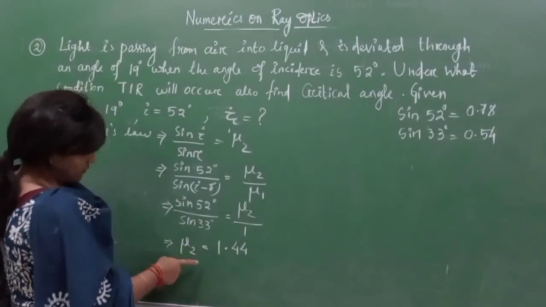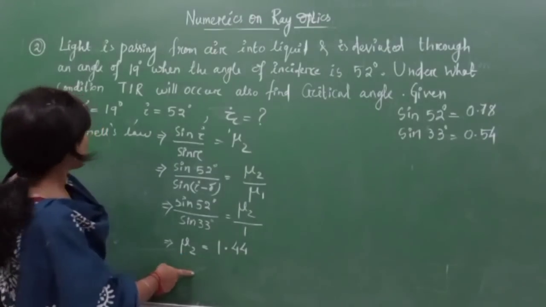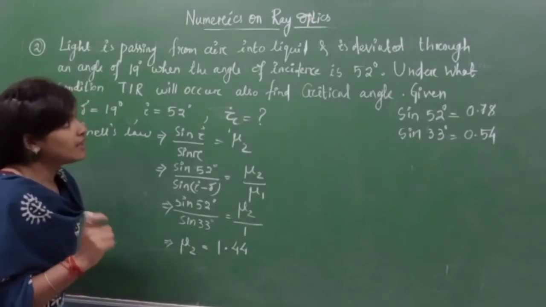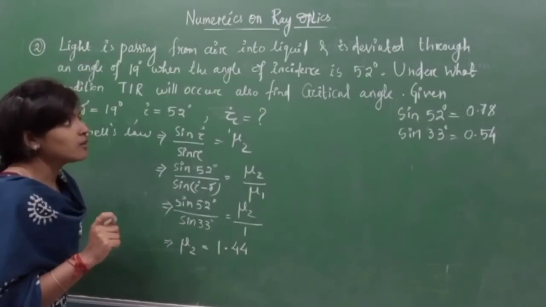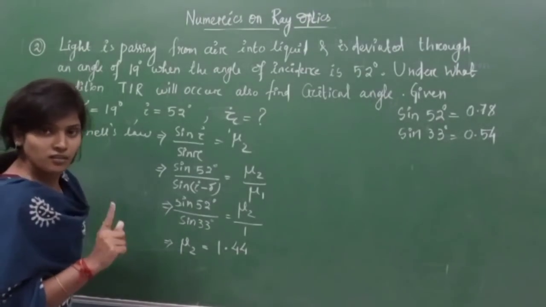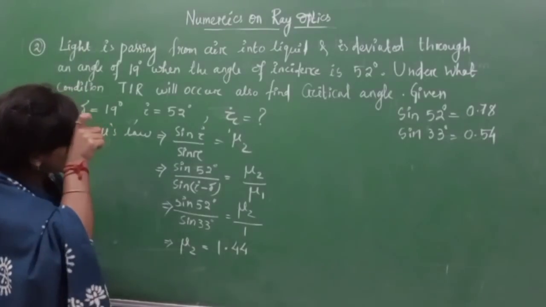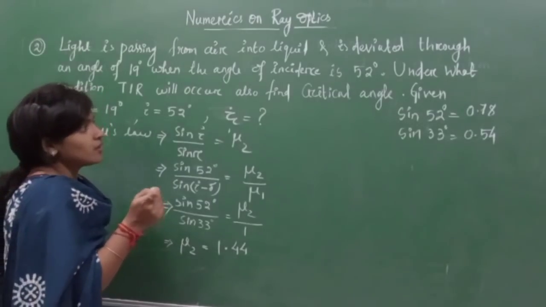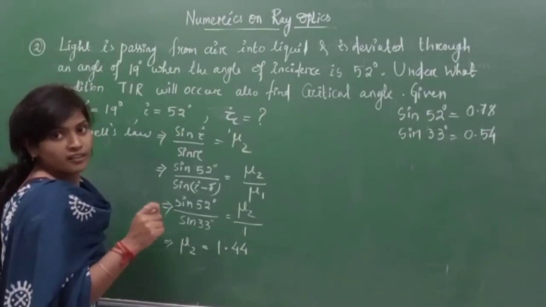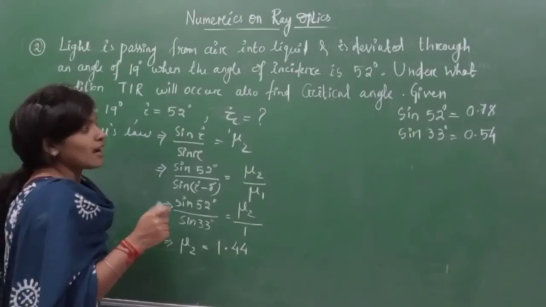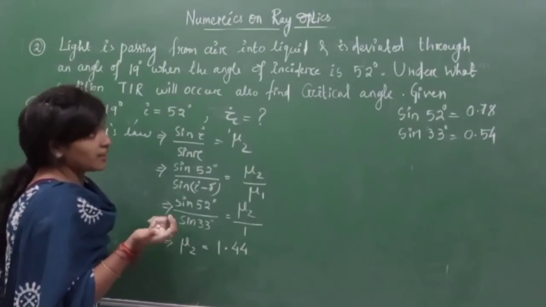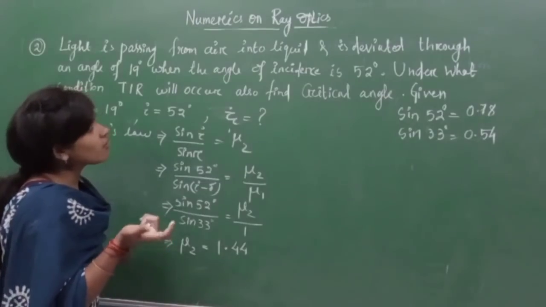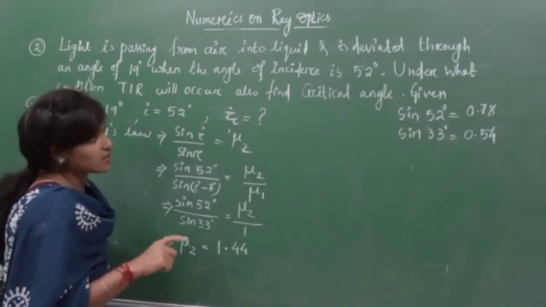Now, to find under what condition TIR will occur, remember that TIR occurs only for two conditions. First, the light should go from denser medium to rarer medium, and second, the angle of incidence should be greater than the critical angle. We have to find the critical angle for this air to liquid interface.